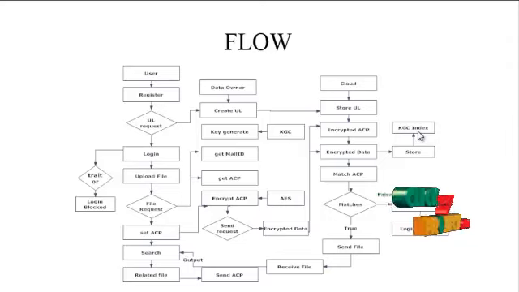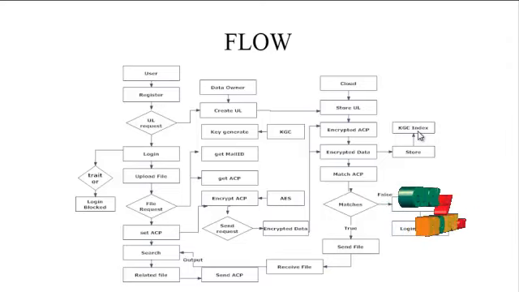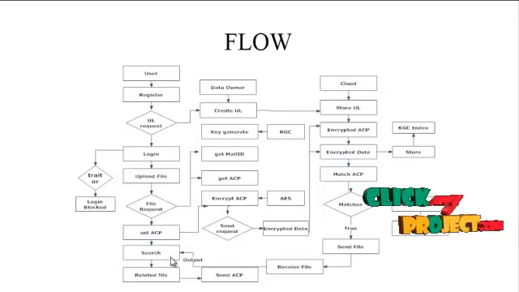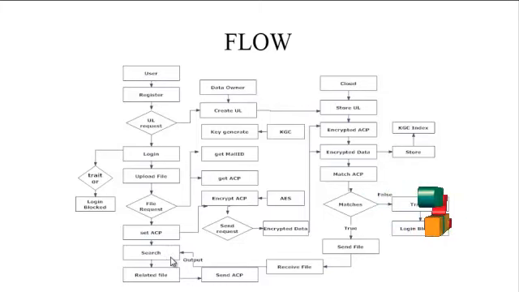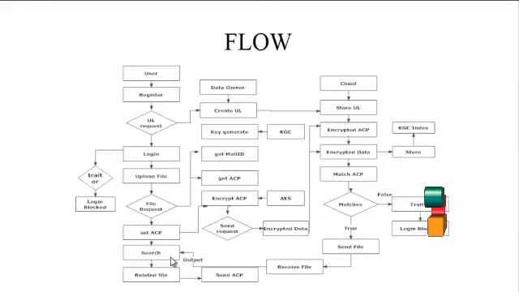Once the data is stored, the user can search their uploaded file using the ACP. If the user searches for the file depending upon their query, it will be directly retrieved from the cloud. This is not involved with the data owner.